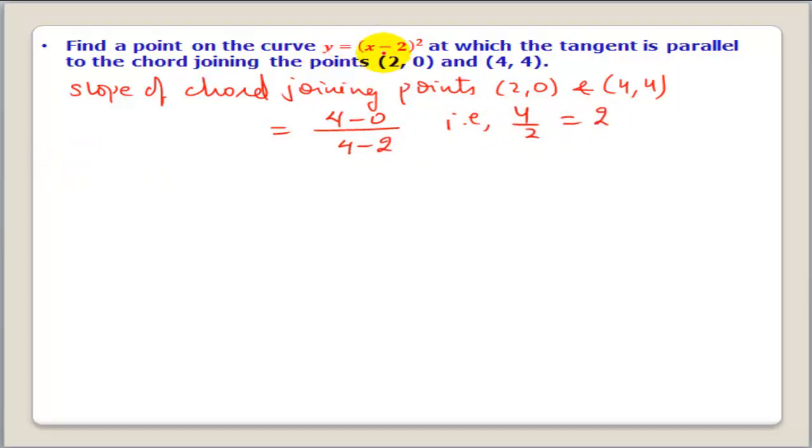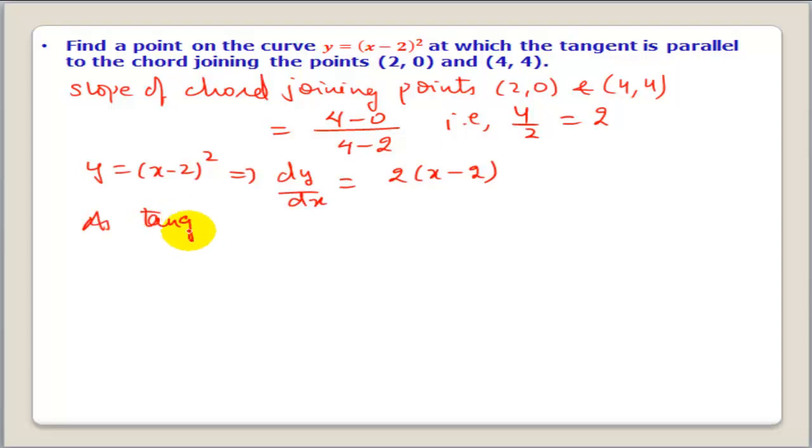And for the slope of the tangent, let us differentiate y with respect to x, because y is equal to square of x minus 2. Differentiating both the sides with respect to x, we get twice of x minus 2. Now the given condition is that the tangent is parallel to the chord.